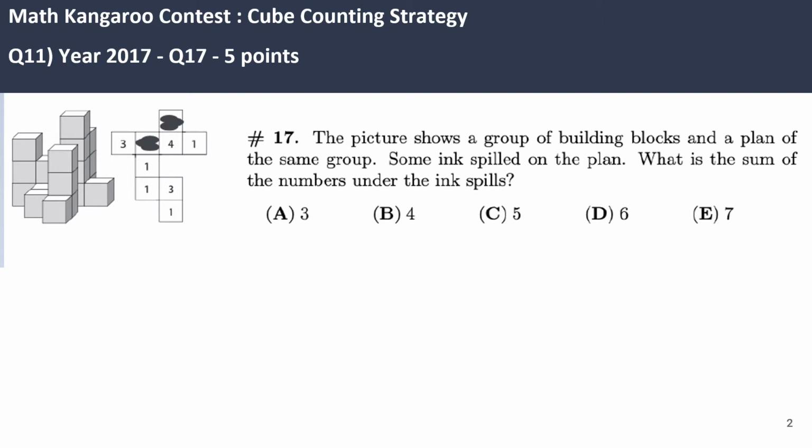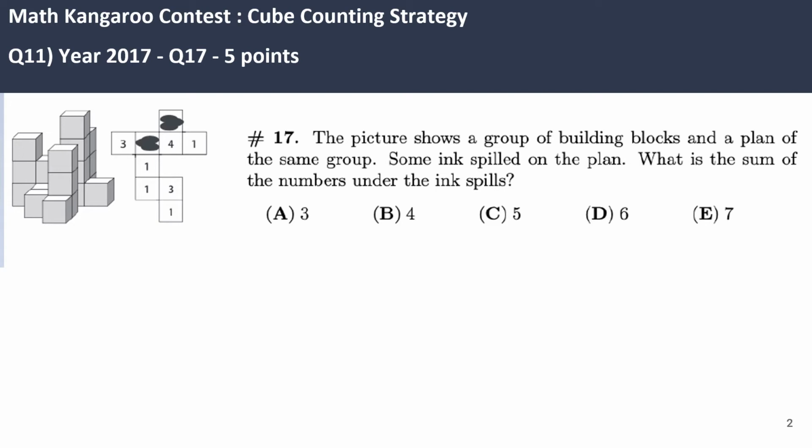So to start with, what exactly is a plan? Now, plan, to my understanding, is basically a site diagram for a particular construction site. So, in context to this question, you can see the image on the left hand side. So there are these cubes placed.